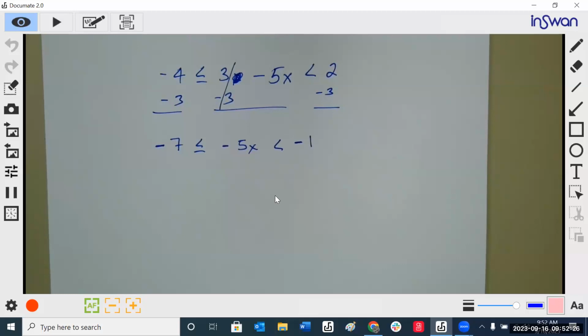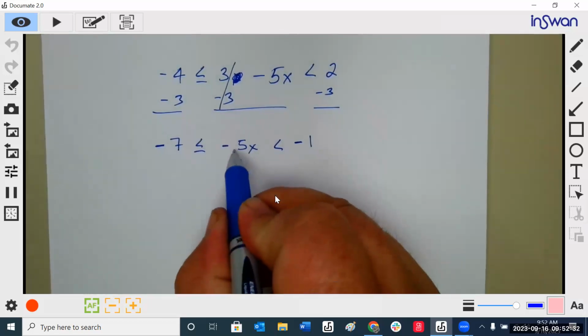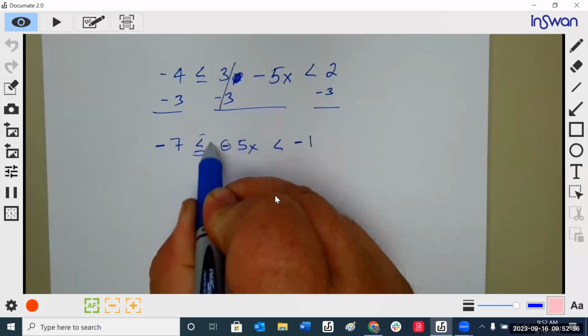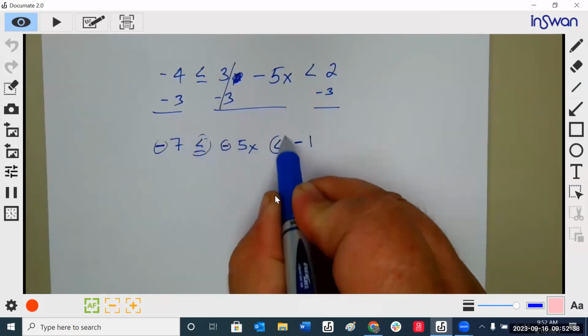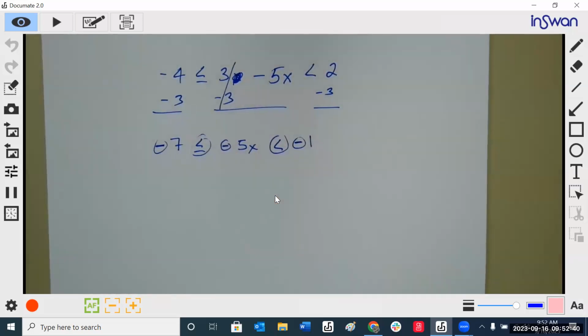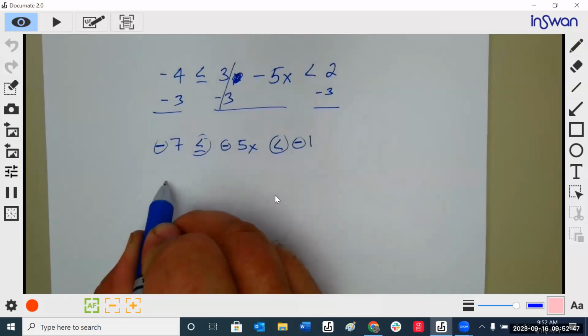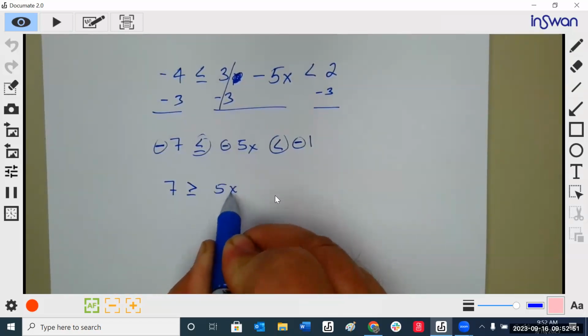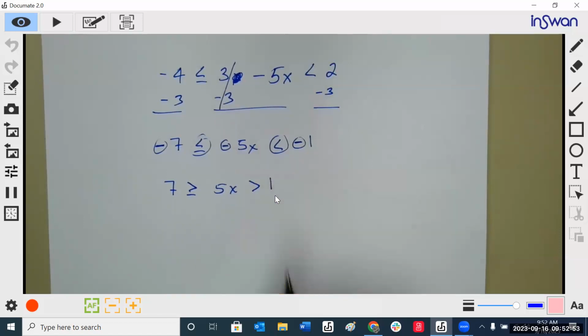Next step, change the signs. Because that's negative in front of the x, I gotta change everything. Change all the signs from positive to negative or negative to positive and change the directions of the inequalities. Because it's going to be the exact opposite.